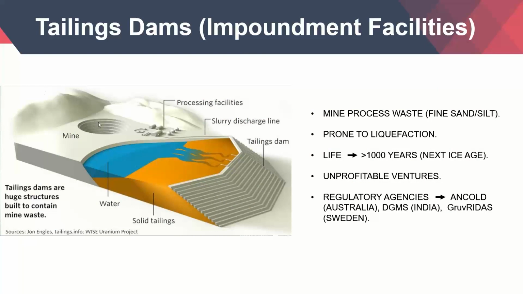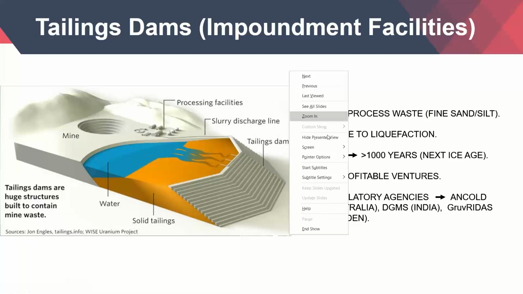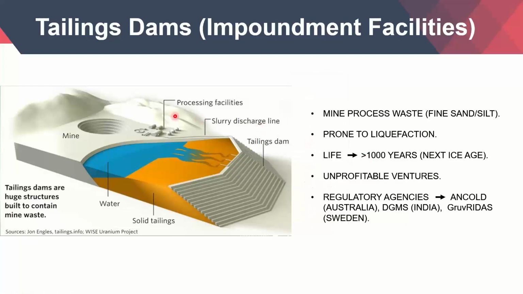Here you can see there is a mine and then there are processing facilities. As the ore cannot directly be used as the grade for the smelter, we send it to beneficiation plants where the ore is mixed with various compounds and then sent to the smelters.